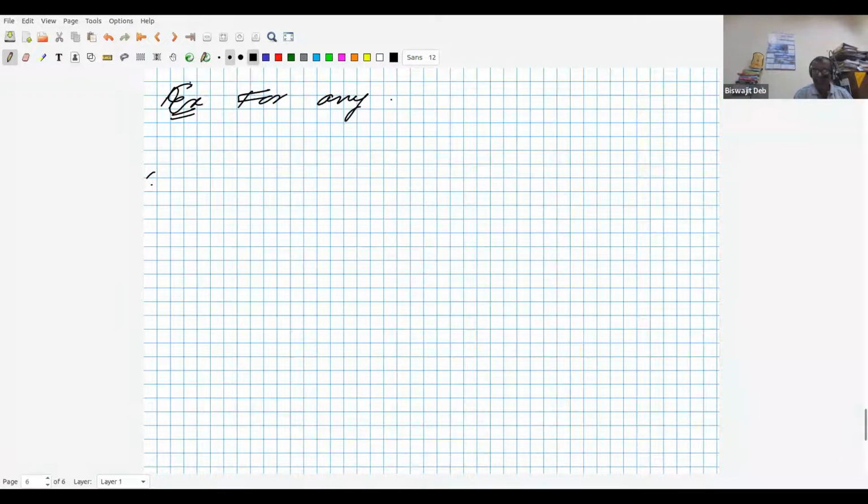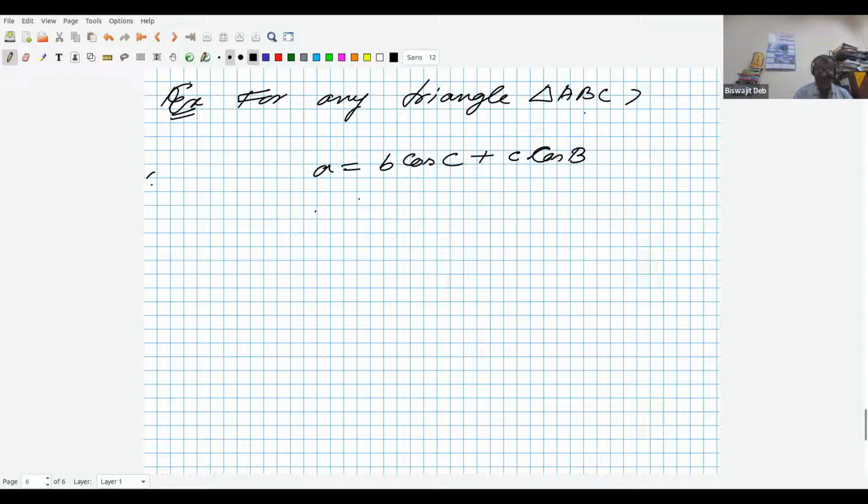For any triangle ABC, whether B and C are obtuse or acute, whatever it is, we can write a is equal to b cos C plus c cos B. In fact, we can write the same thing for b also.